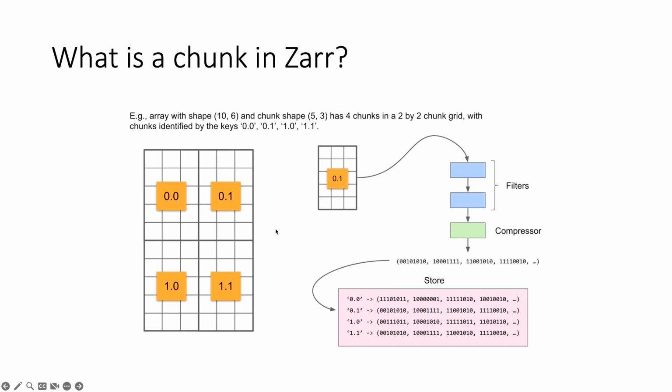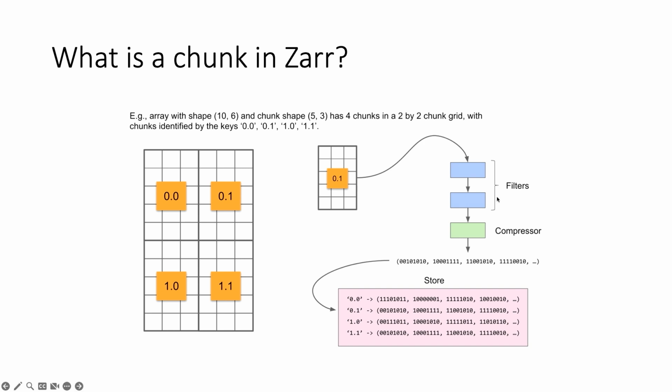And so actually this is what's happening when you write a chunk. So this is raw data, let's say, right? This is your numbers, maybe if it's temperature, it's in the range from 260 to 300 or something, right? These go through filters, so that might be, for example, the scale and offset filter. It might be some form of quantization, some form of delta encoding, stuff like that.